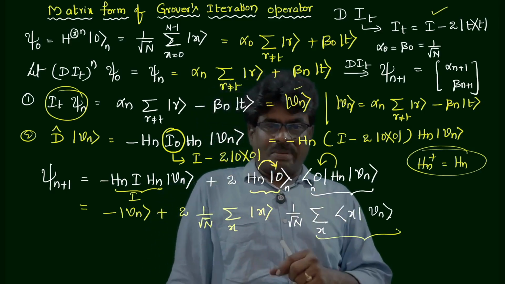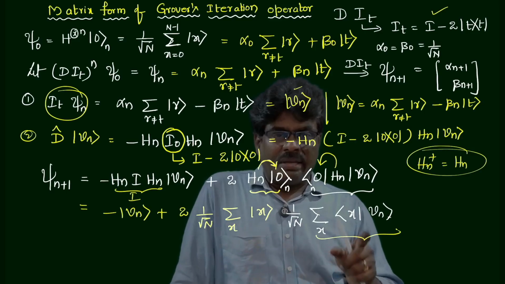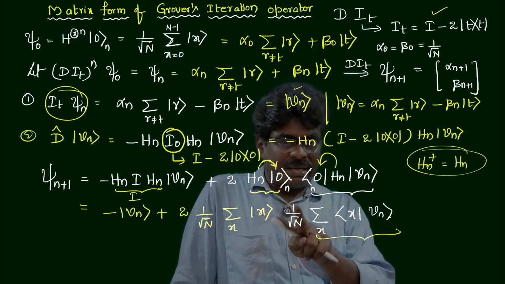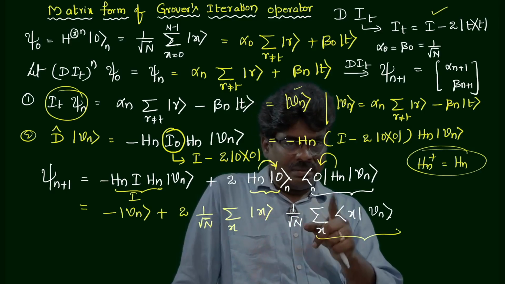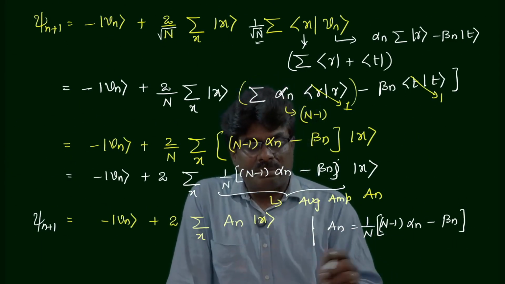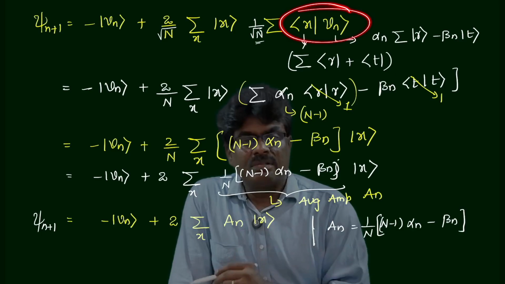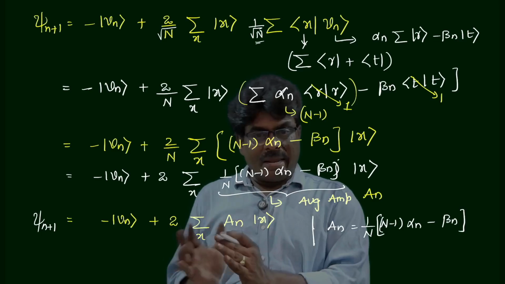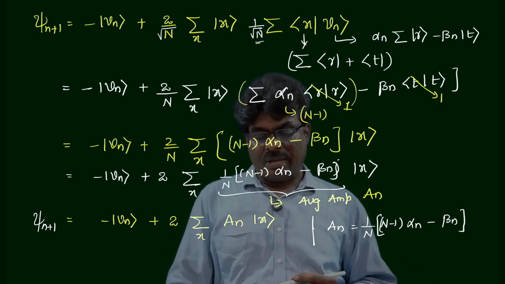And some small algebra is there. Okay. So here the Hadamard operator is Hermitian. So that's why we got that ket vector and bra vector superposition state. And after that, we have some inner product here. So that's why I split this X as remaining and target states. Okay.